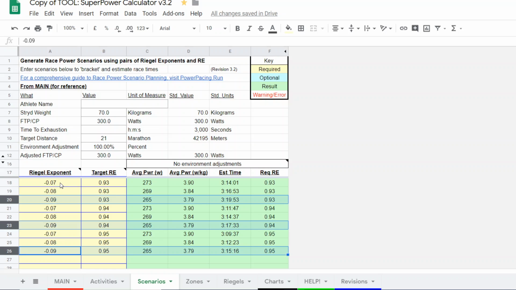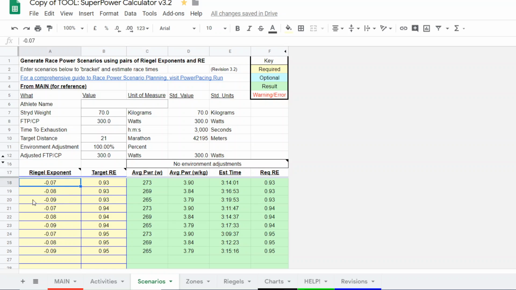So look at the spreads now. If we go for this particular set of Riegel exponents, we can see the spread here now is 8 watts. That's getting quite a bit bigger.